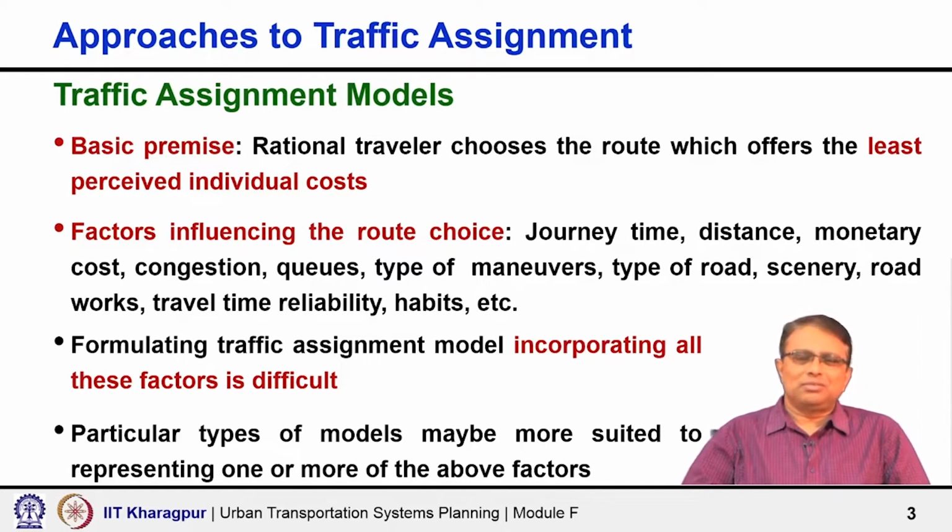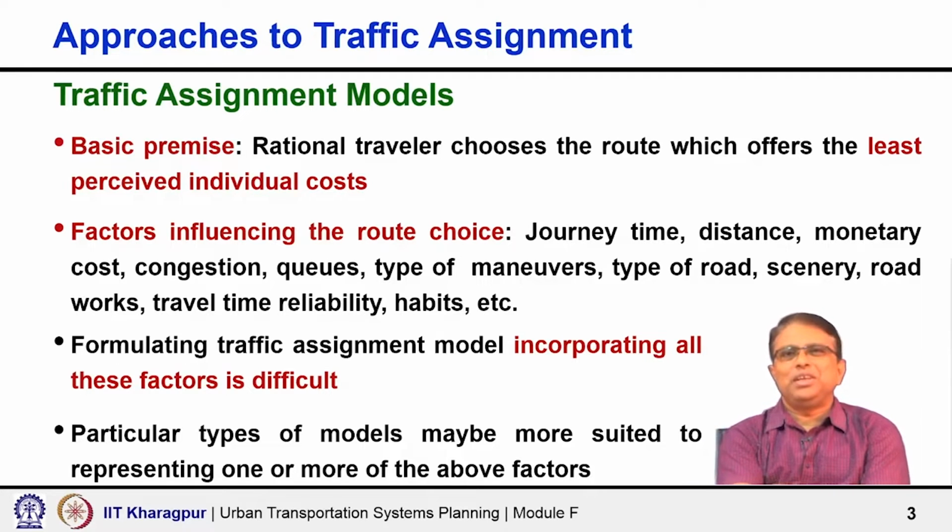So, what typically is done is that particular types of models are generally more suited to representing one or more of the above factors. We state the principle, and that principle is fine. We say cost, but cost may be just a common expression of deterrence. To somebody the cost may actually be the time cost or the time itself.